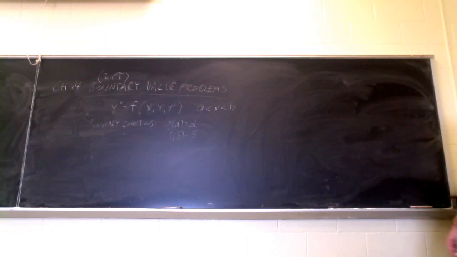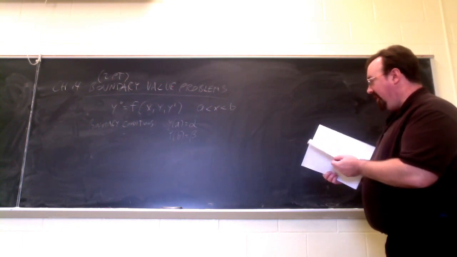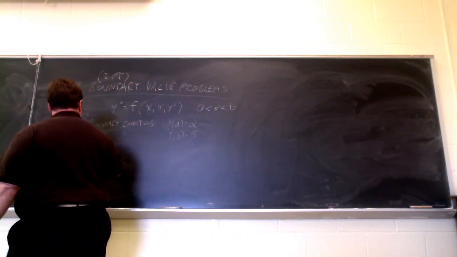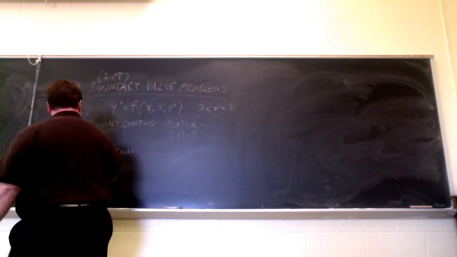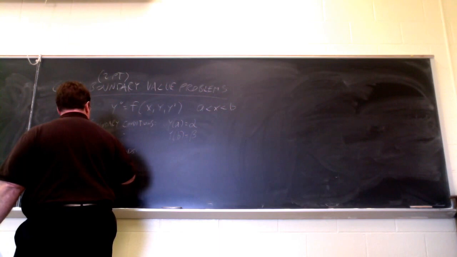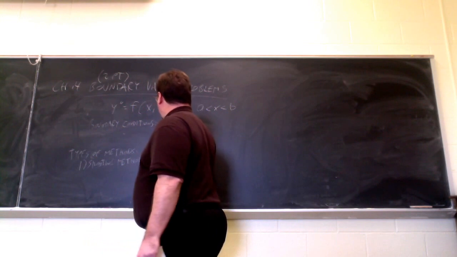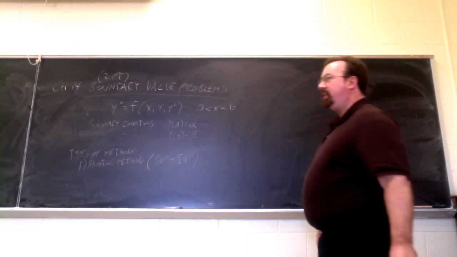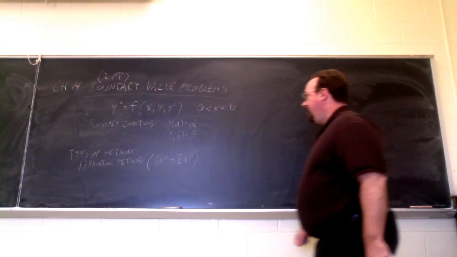So in what's left of the semester, I'm going to cover three types of methods for solving this kind of problem. First, the one I'll focus on today is the shooting method, which takes the boundary value problem and transforms it into an equivalent initial value problem, thereby using the methods we covered at the beginning of the semester for ODEs.